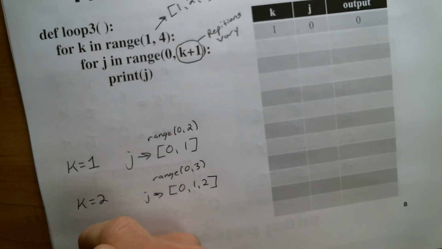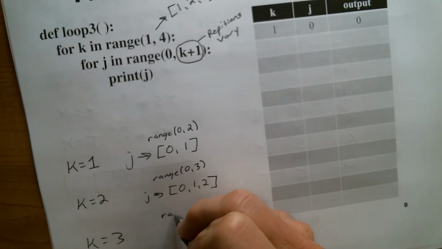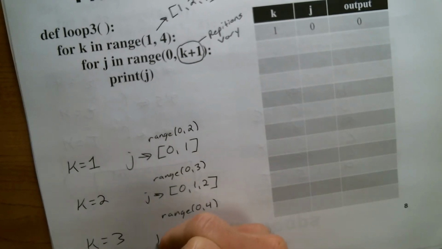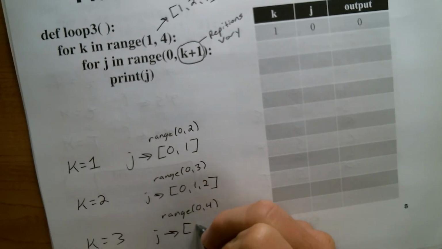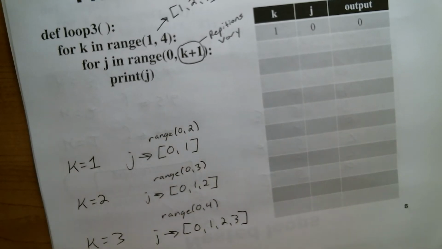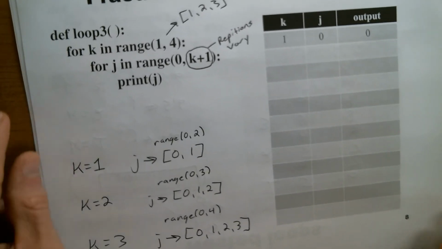And then when K equals 3, that's going to mean that our range is from 0 to 4. So J is going to be 0, 1, 2, and 3. Because again, we don't actually get up to 4. So let's actually trace this now.